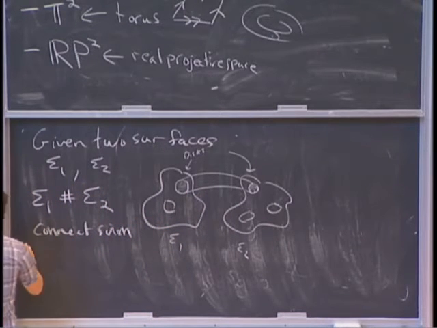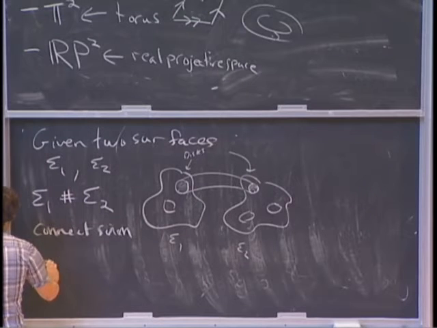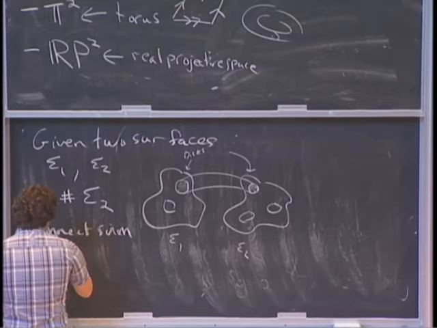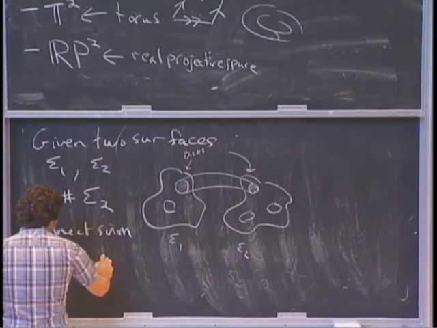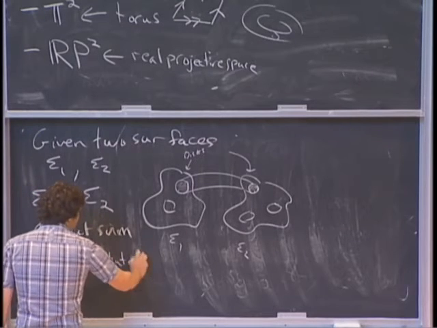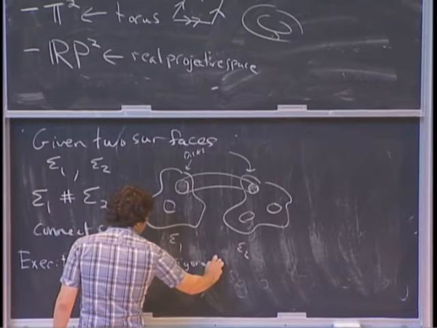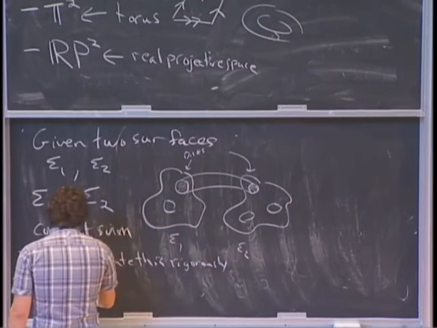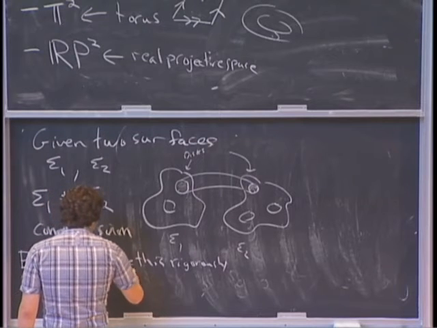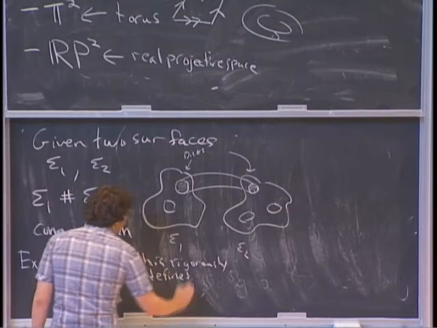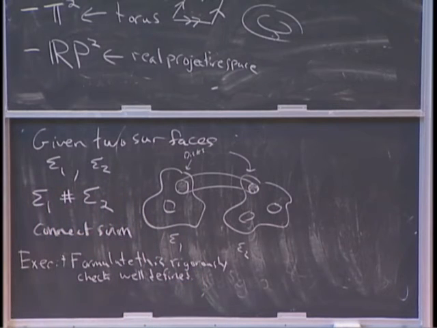And of course, it's an exercise, first of all, to formulate this rigorously and check that it's well defined. In principle we're making a lot of choices, so we need to check that the choices don't affect anything.